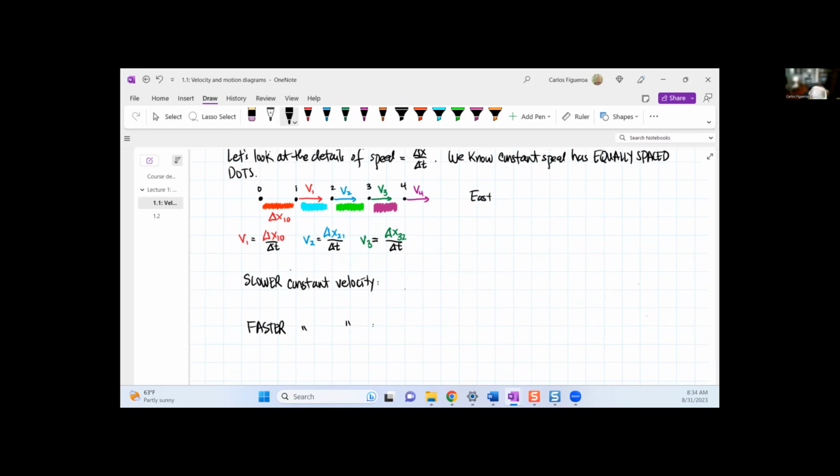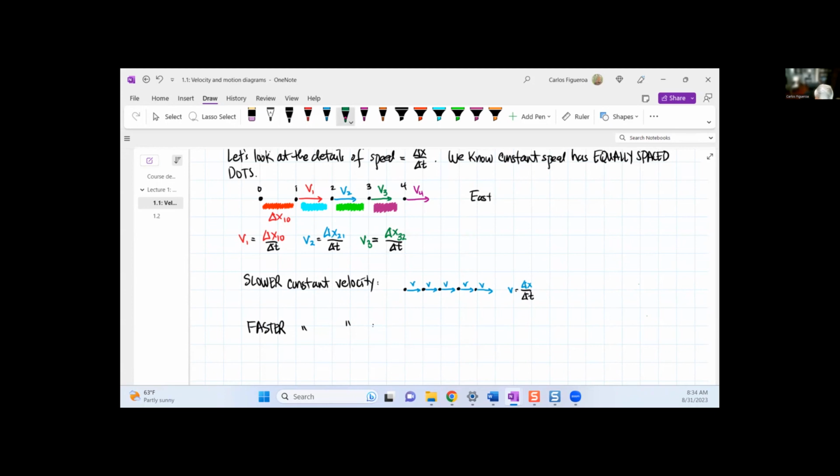Well, my dots have to be separated with equal spacing. So if I look at my arrows, they should all be the same length. In this case, you could see that my velocity symbol is small. I drew it small because it covered a small distance in this time interval. That means that I have a constant velocity that is slow.